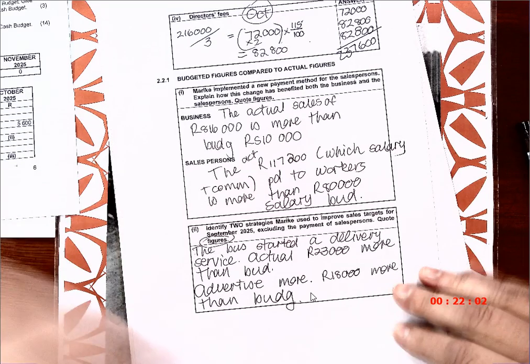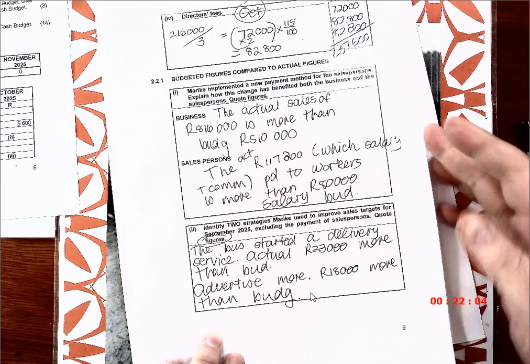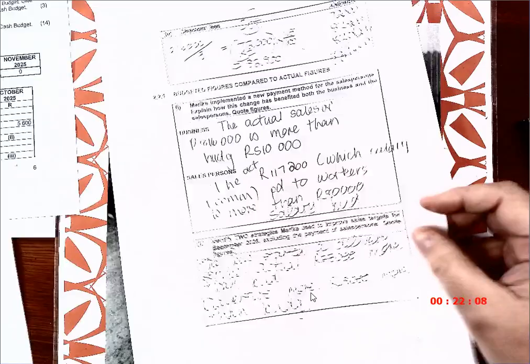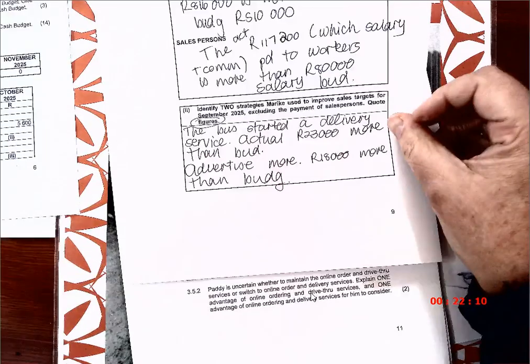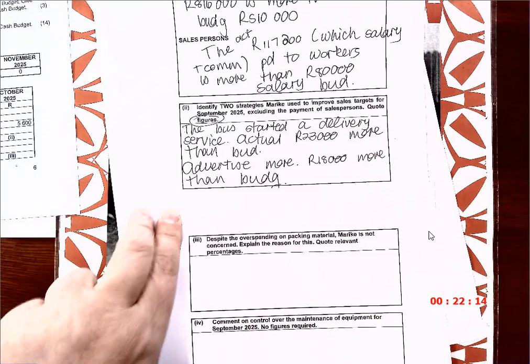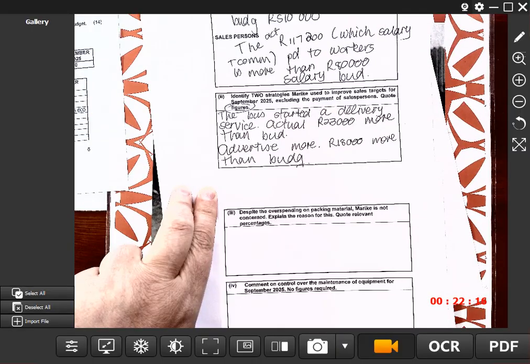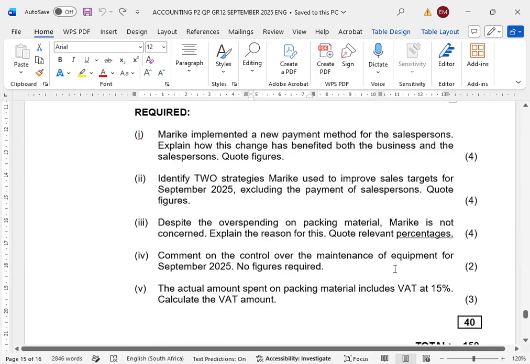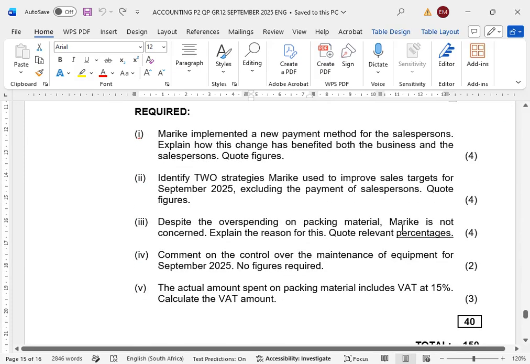Next one. Oh, it's quite a lot of writing next. Okay, now, number 3. Despite the overspending on packing material, Marika is not concerned.